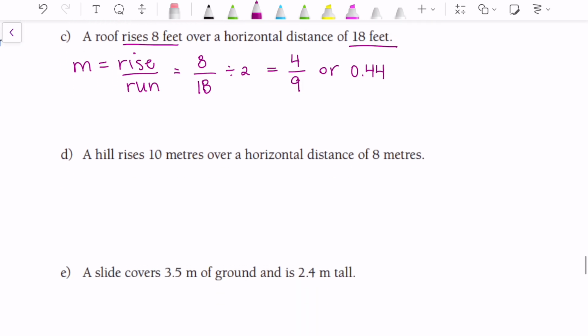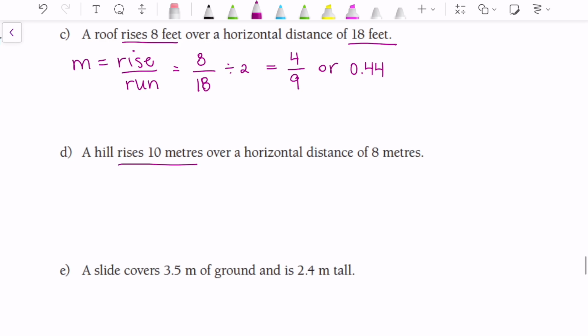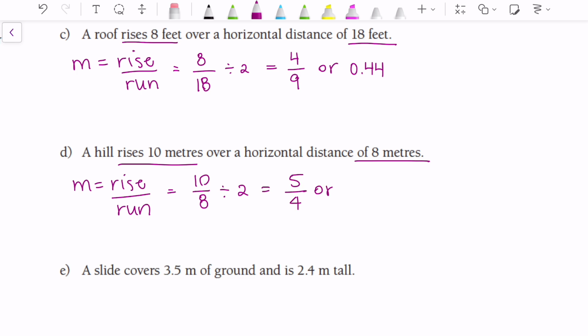A hill rises 10 meters over a distance of 8 meters. Start with your formula. 10 over 8 can be divided by 2, which gives us 5 over 4, or 1.25.